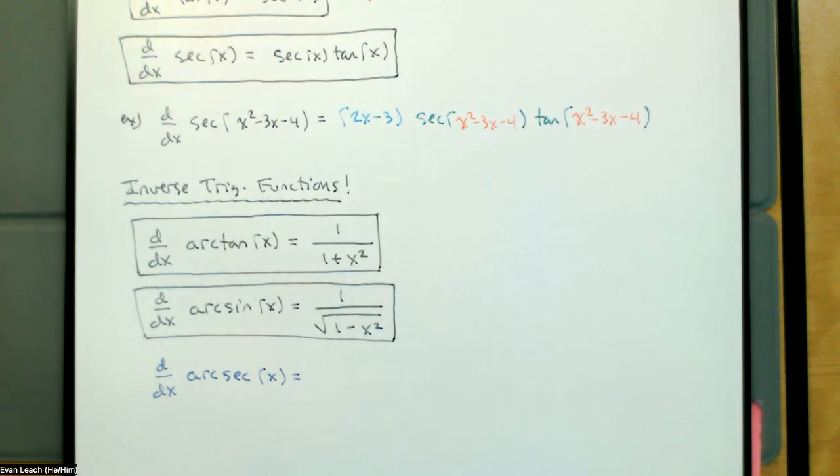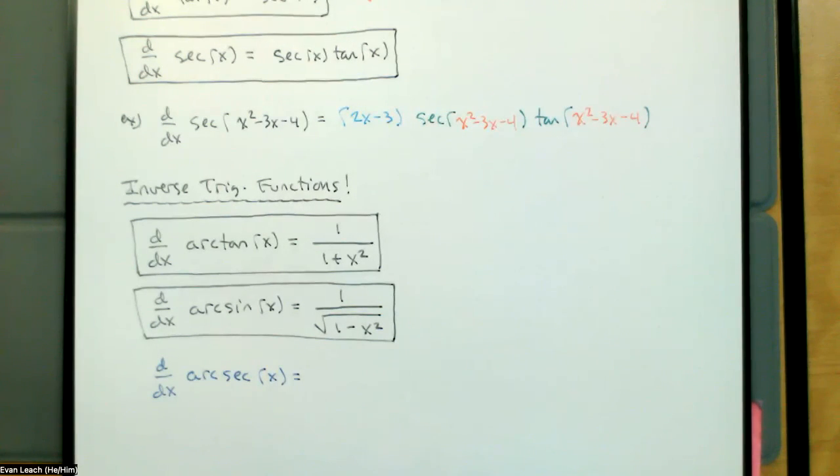Derivative of arc secant. This one doesn't come up as much, mainly because I forget to use it all that often, until we start doing trigonometric substitution in Calc 2. So then we get to Calc 2 and I go, oh yeah, trigonometric substitution. Did I ever talk about the derivative of arc secant? And then I realize I haven't.